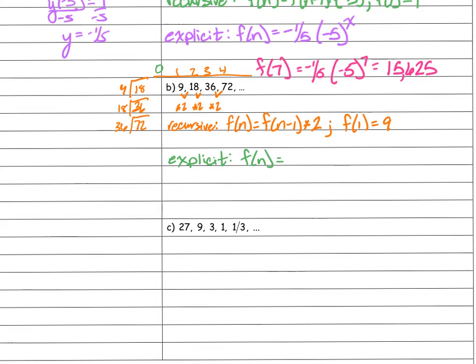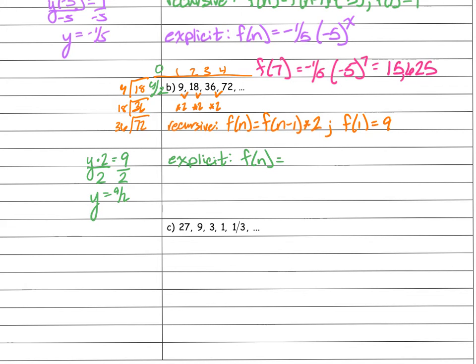So what number do I multiply by 2 to get 9? Well, divide by 2: y equals 9/2. So my 0th term is 9 divided by 2.